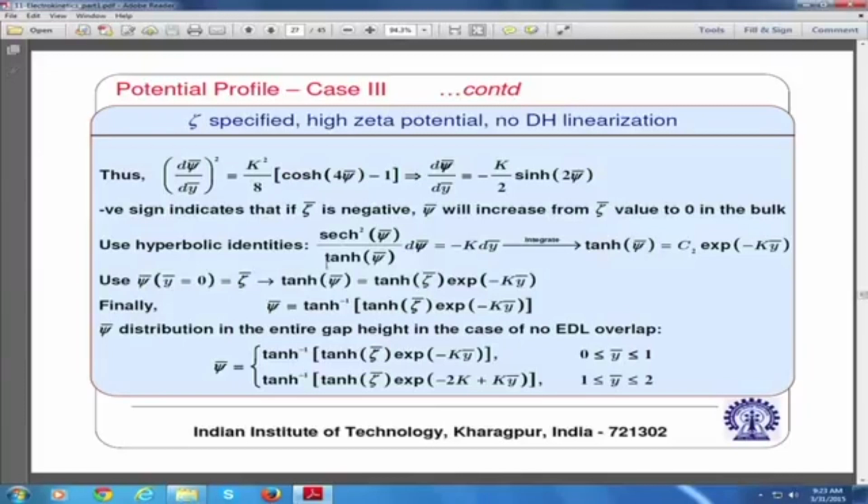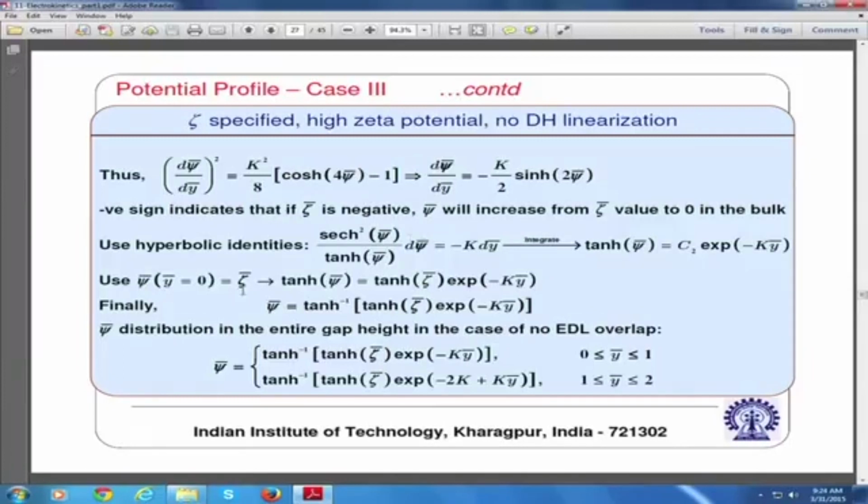And out of these two, one you can write as tanh, the derivative of that is sech square. So you can write this as log of tanh psi, and therefore tanh psi will become exponential of minus ky.